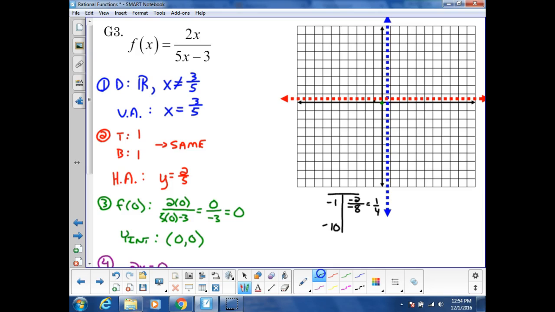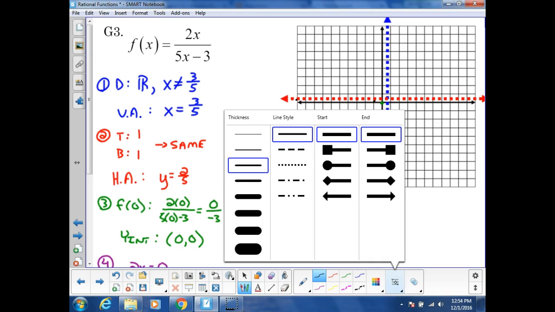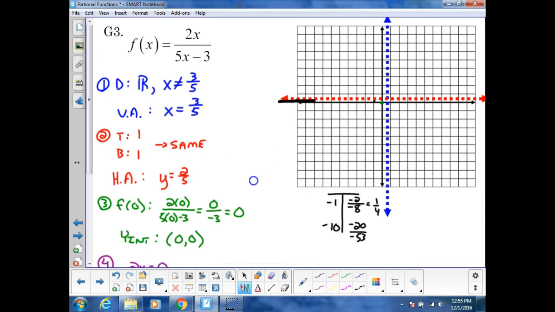If I put negative 10, that would be negative 20 over negative 53. Okay, so that's going to be close, but not quite 2/5. So I'm going to come in along here and make that sharp curve.